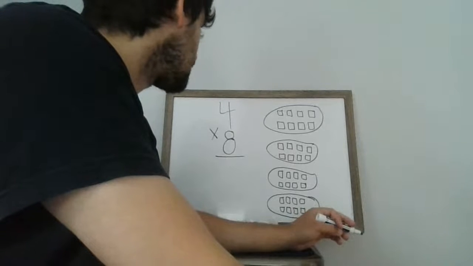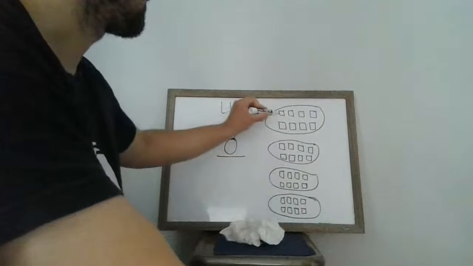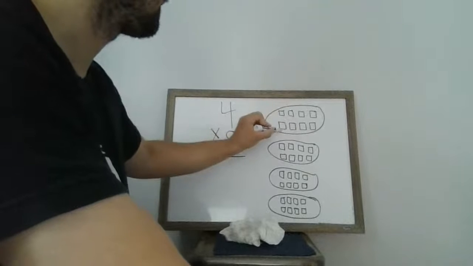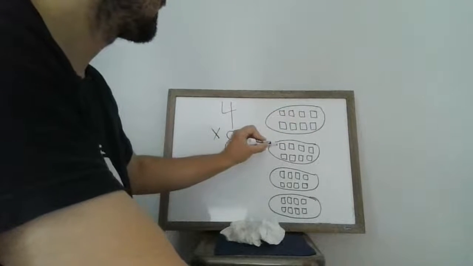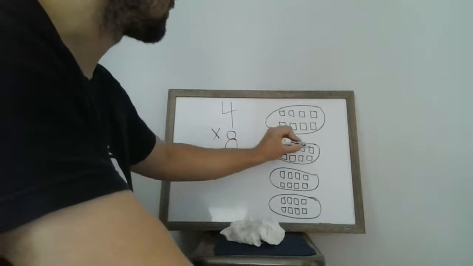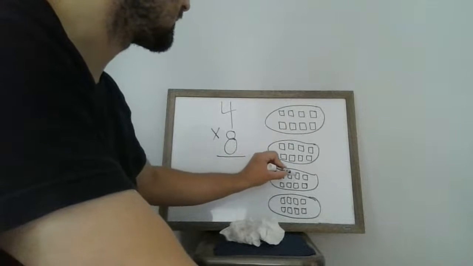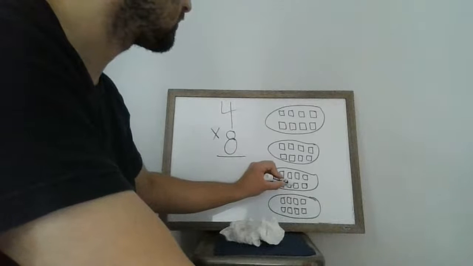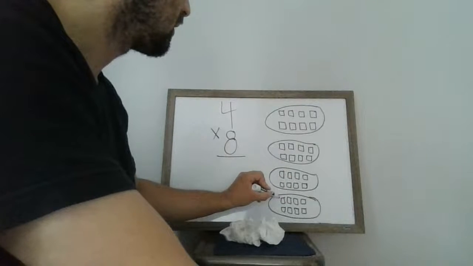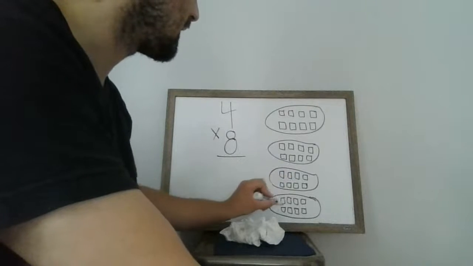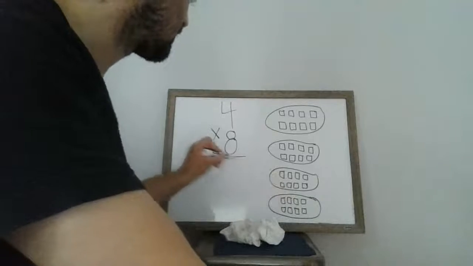And I'll have my answer for 4 times 8. All right, 1, 2, 3, 4, 5, 6, 7, 8, 9, 10, 11, 12, 13, 14, 15, 16, 17, 18, 19, 20, 21, 22, 23, 24, 25, 26, 27, 28, 29, 30, 31, 32.